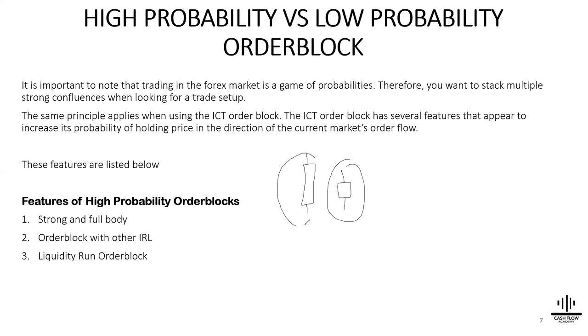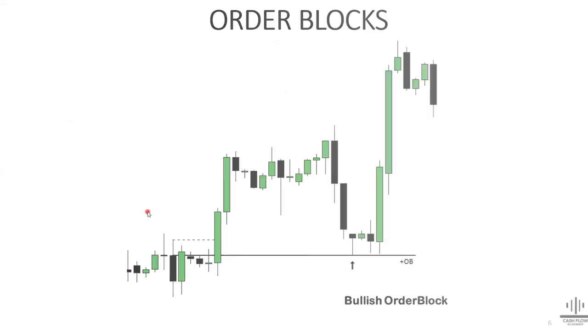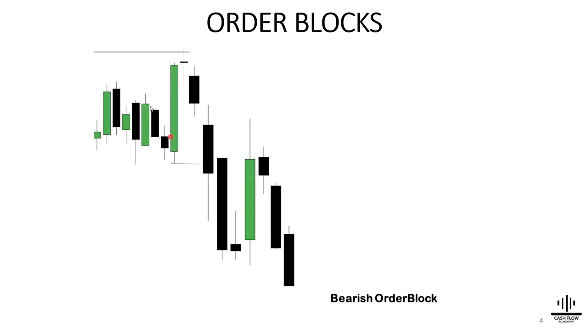You want to see something like this. Let me go back to the previous slides. You can see here, we didn't use this candle here or this candle here as the order block. This was what we used. And you can also see, if you look at the body here, strong, full body, full range. We're not using this, we're not using this. We want to see the candle's body with a full range.